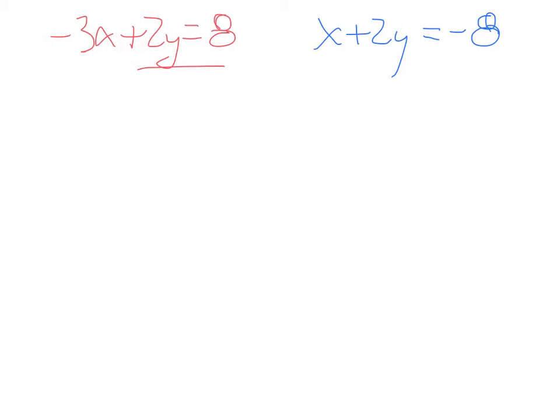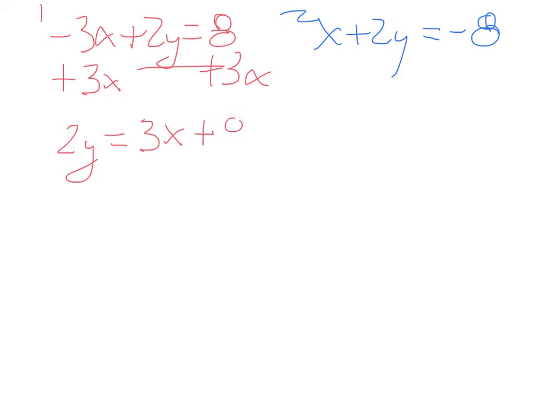Well, how do I switch this red equation, equation number 1, into slope-intercept? We'll throw a 2 up here too as well. So I've got to get the y alone is what I'm looking to do. So I'm going to add 3x to both sides. I cannot combine 8 and 3x, so what do I have left? 2y equals 3x plus 8.